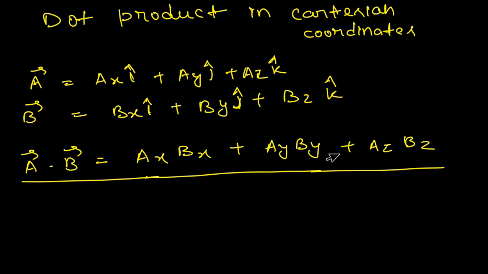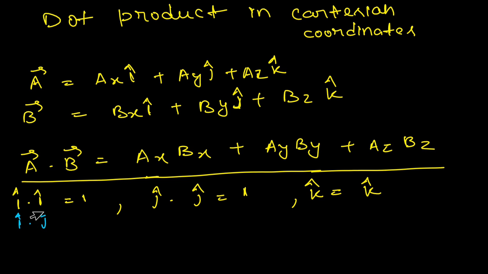And if you ask how we obtain this, it is simply because i into i is equal to 1, j into j is equal to 1, and k into k is equal to 1, and the product between any two of i, j or k, like ij or jk, is 0, since the x, y and z axes are mutually perpendicular to each other, and the angle between them is 90, and cos 90 is always 0.